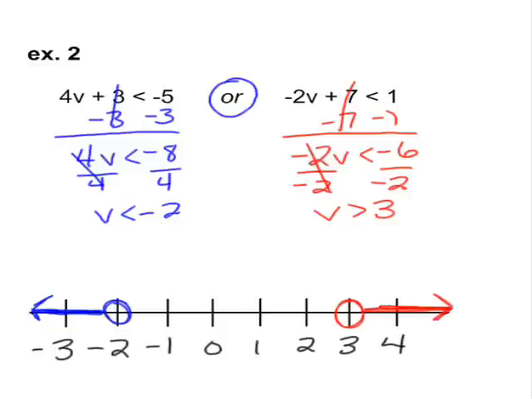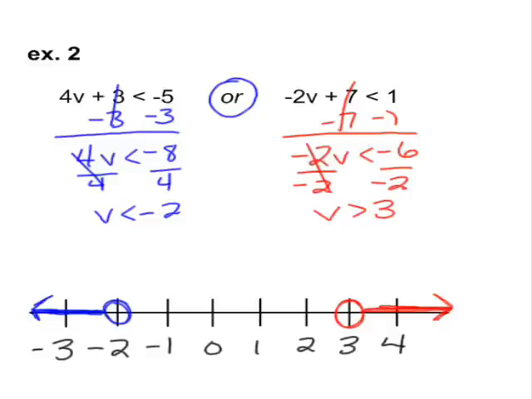Our OR graphs end up doing almost the opposite of what our AND graphs do. AND graphs will point into each other and overlap. OR graphs point away from each other and don't touch at all. So this is one good determination for making sure that you're at least graphing them correctly here.